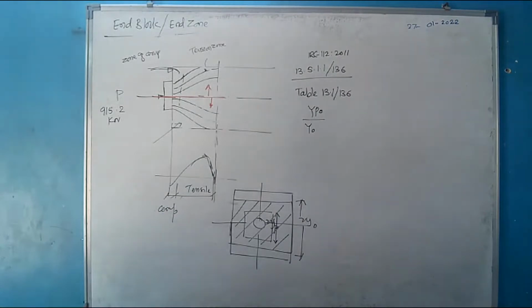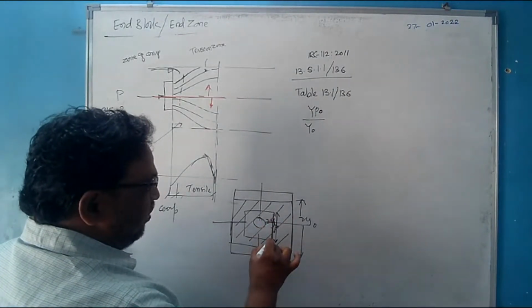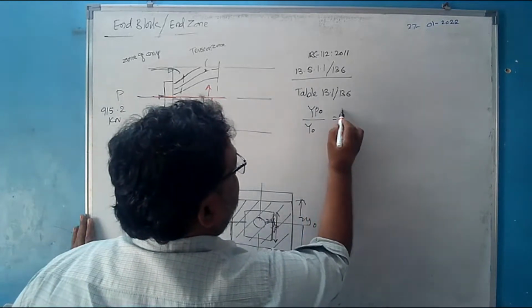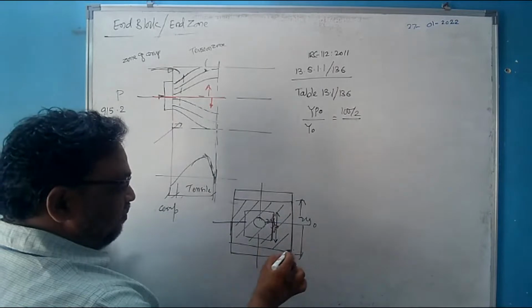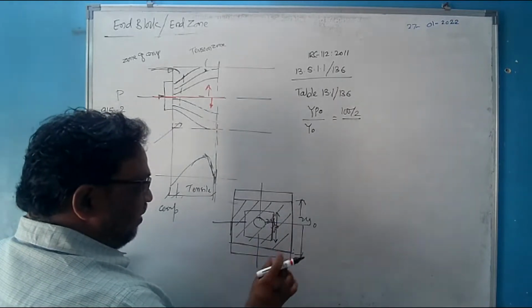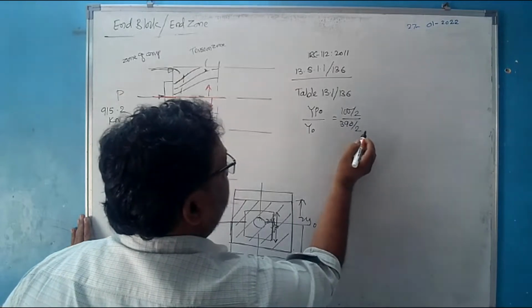Okay. So what we have to consider: 2yp naught is nothing but the depth of the plate, which is 100 mm. So it is 100 divided by 2. How much was this dimension? This was the dimension 390. So it was 390 divided by 2.